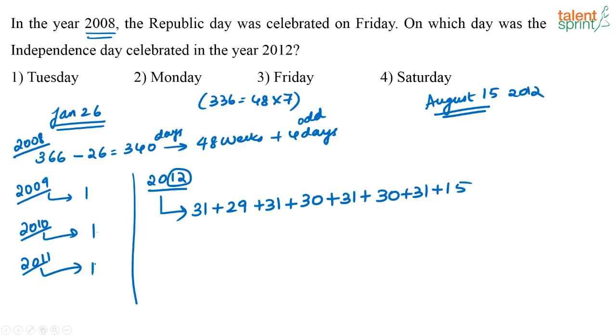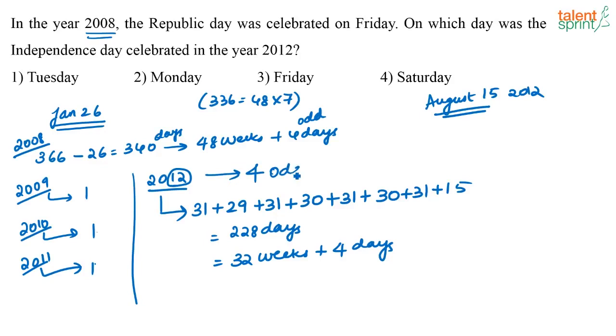When you add all this, you get 228 days. 228 days is nothing but 32 weeks and 4 days. So in 2012 there are 4 odd days.